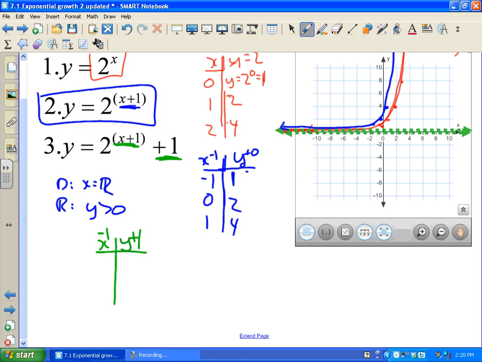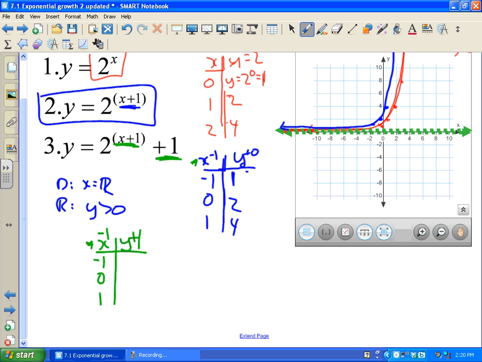So all my x values will shift to the left 1, and all my y values will go up 1. So starting with the red, 0 minus 1 is -1. Red x values, 1 minus 1 is 0. 2 minus 1 is 1. Notice it's the same change in x that I had in my blue.